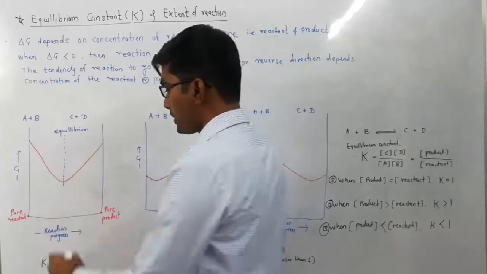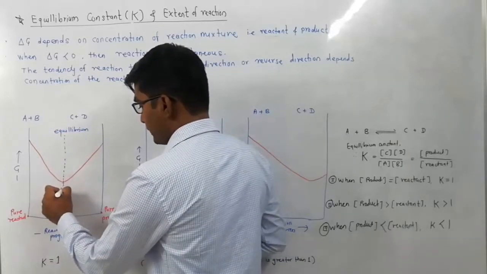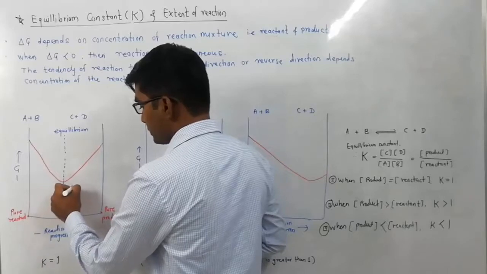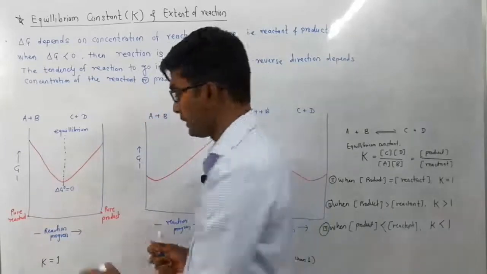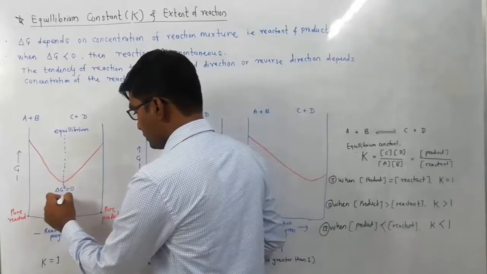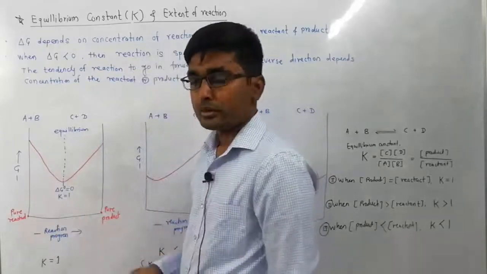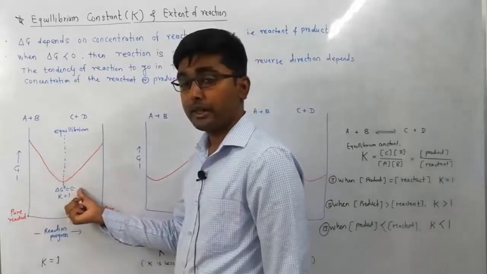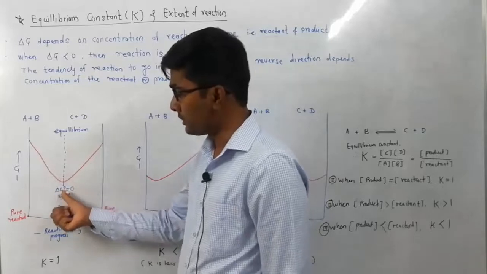And at this equilibrium point, the free energy change delta G0 is equal to 0. K is equal to 1. So there is no free energy change at the equilibrium point.